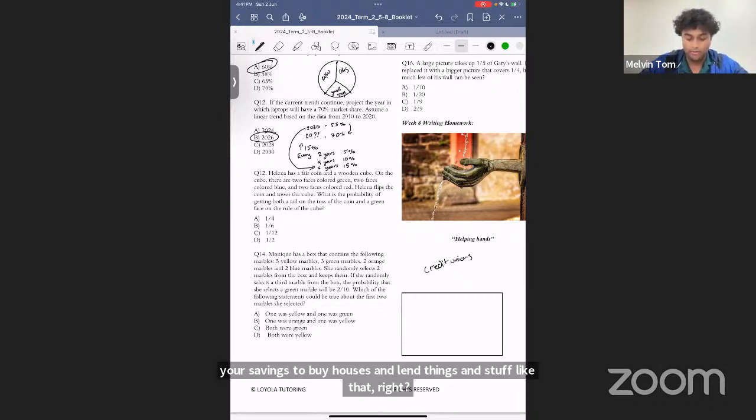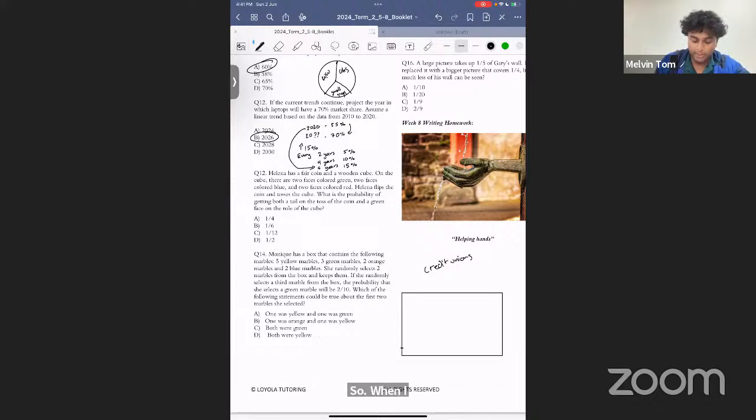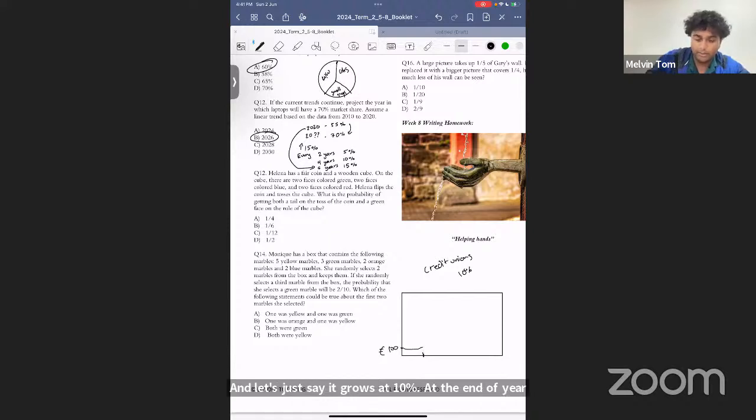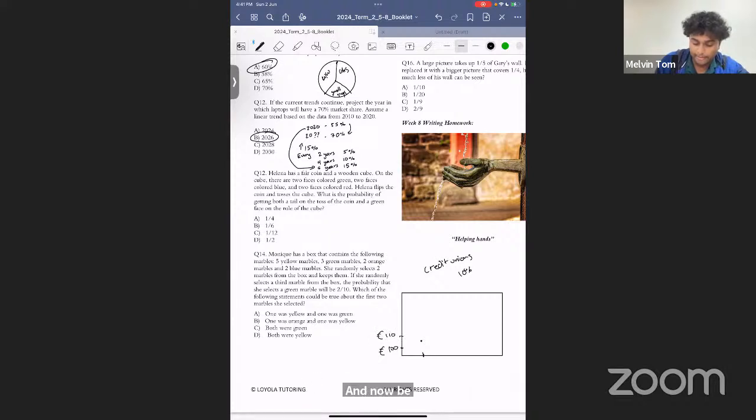So when I was young, my dad would put $100 in, or in Ireland, it was 100 euros. And let's just say it grows at 10%. At the end of year 1, it would go up by 10% and now be 110 euros. End of year 2, it'll go up even more and it'll be 121 euros.